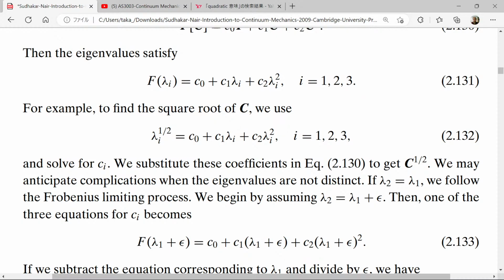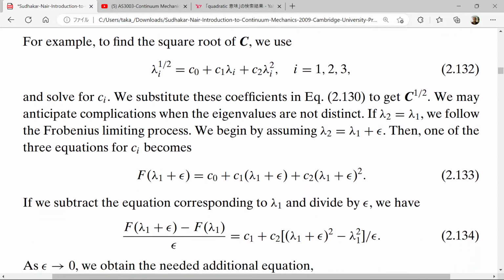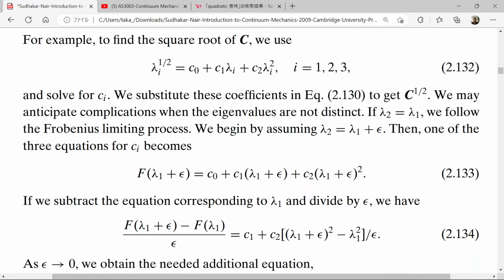We may anticipate complications when the eigenvalues are not distinct. If lambda 2 equals lambda 1, we follow the Frobenius limiting process. We begin by assuming lambda 2 equals lambda 1 plus epsilon, then one of the three equations for ci becomes f of lambda 1 plus epsilon equals.